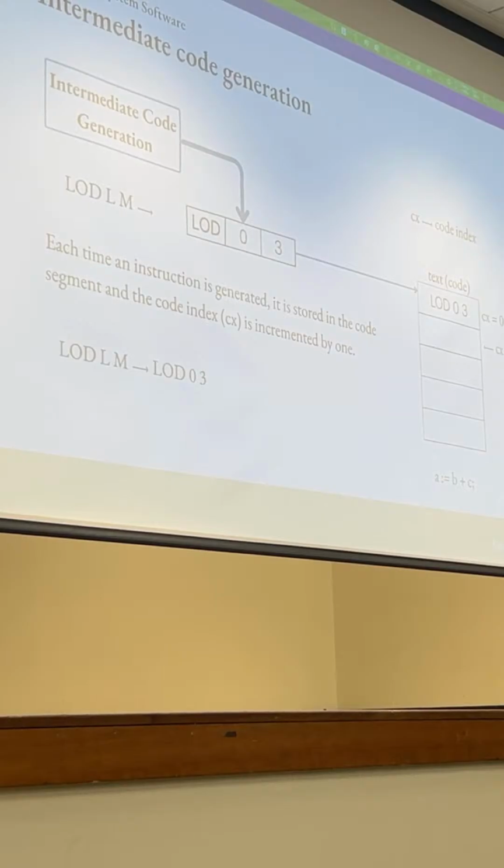At the very bottom, we can see an example for a statement A becomes B plus C. This compilation will eventually produce a sequence of load, store, and arithmetic instructions in the same way as we saw here. I think it's a good place to stop right here, and we will come back on Wednesday. We will talk more. All right?